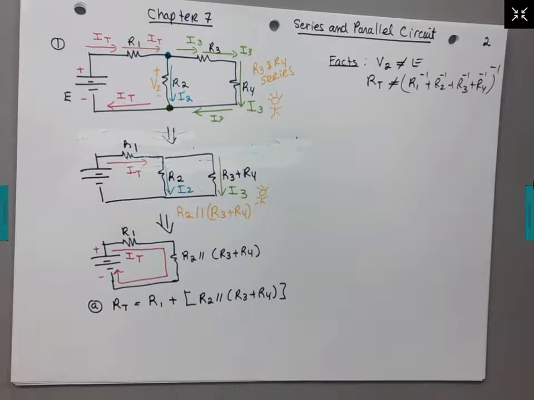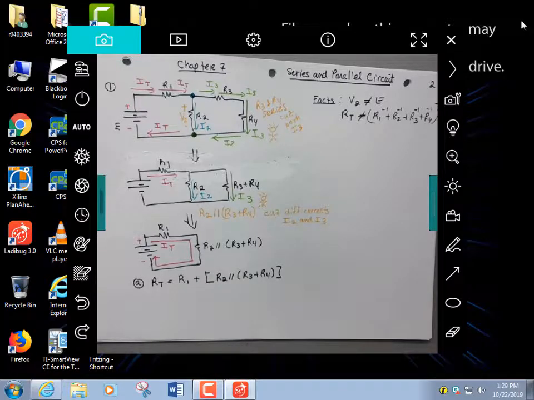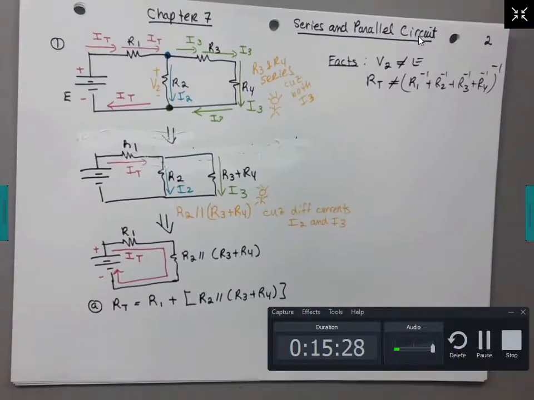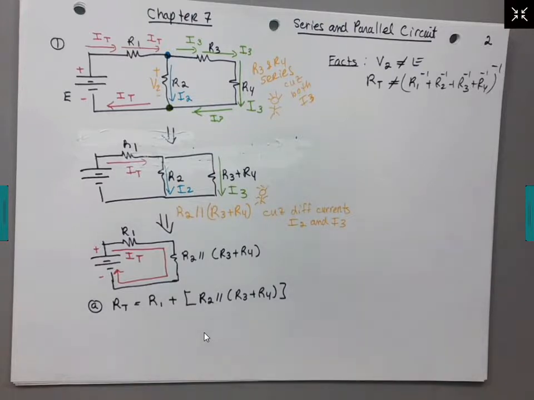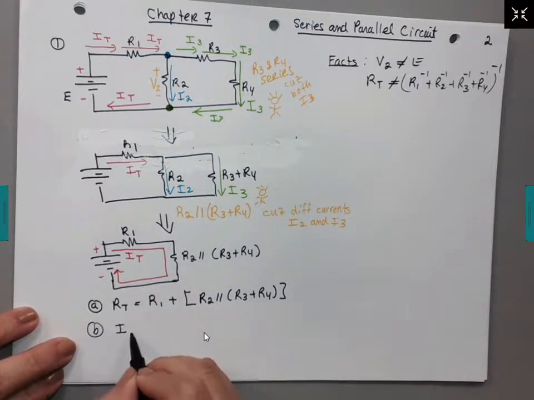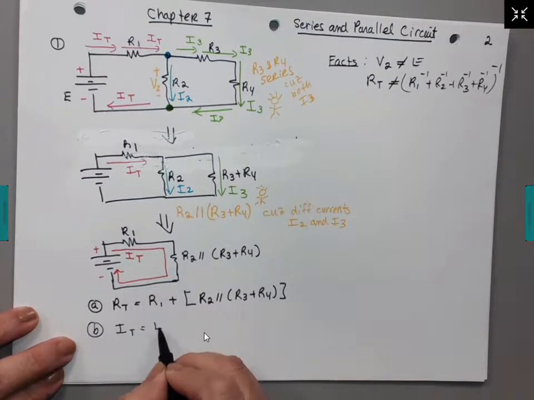Okay. Once you find RT, what is the second thing we always look at? What do we try and calculate? Okay, very good. So now once we find current, then we find IT. IT is E over RT.